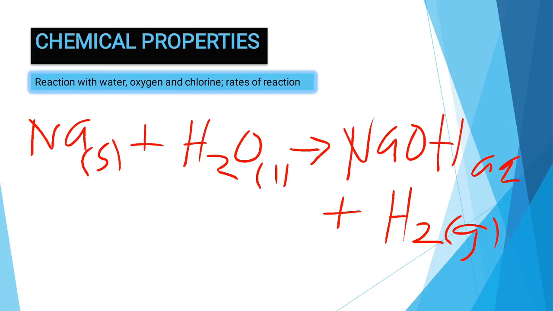So we can try to balance the equation by having a 2 there, another 2 here, and another 2 here, so that now we have 2 sodium, we have 4 hydrogen, these are 4 hydrogen, and these ones are also 4, and then we have 2 oxygen on both sides. The reaction is balanced. Remember that all these elements react the same, only that potassium is more reactive than sodium and sodium is more reactive than lithium.